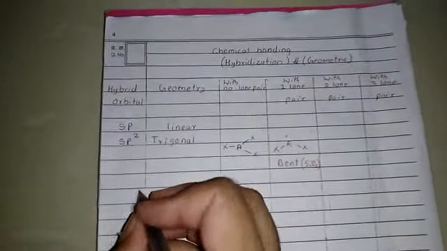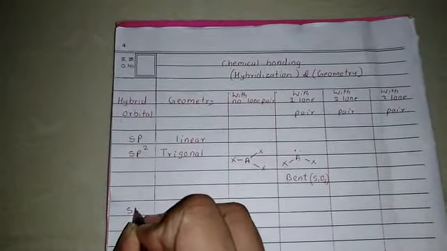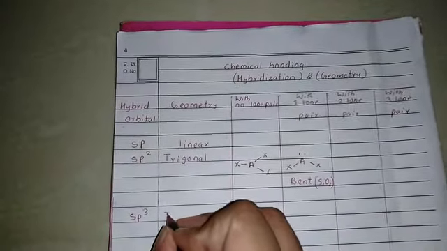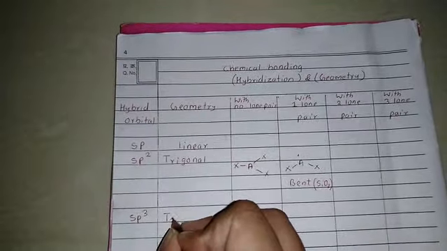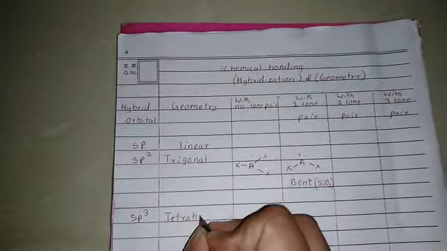The next one is the sp3 hybridized orbital. The normal geometry without a lone pair is tetrahedral.